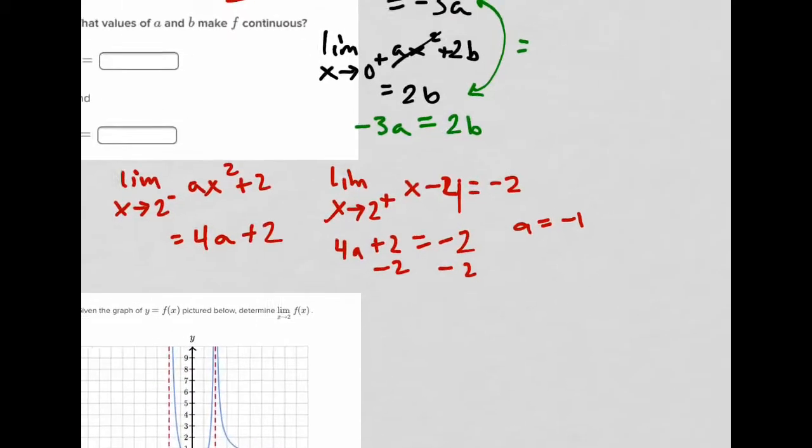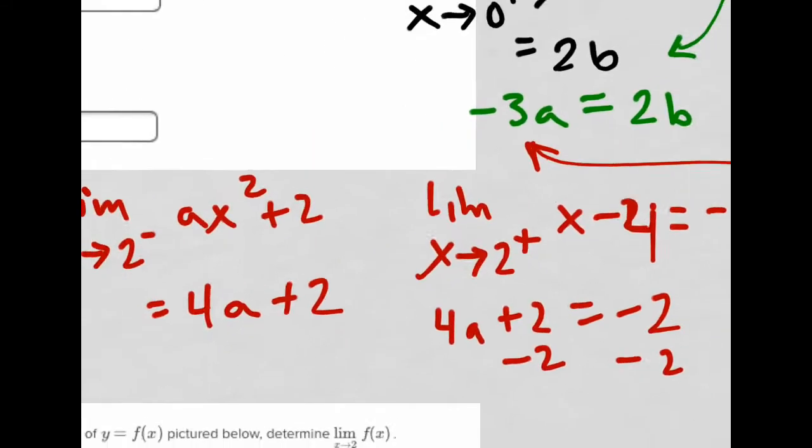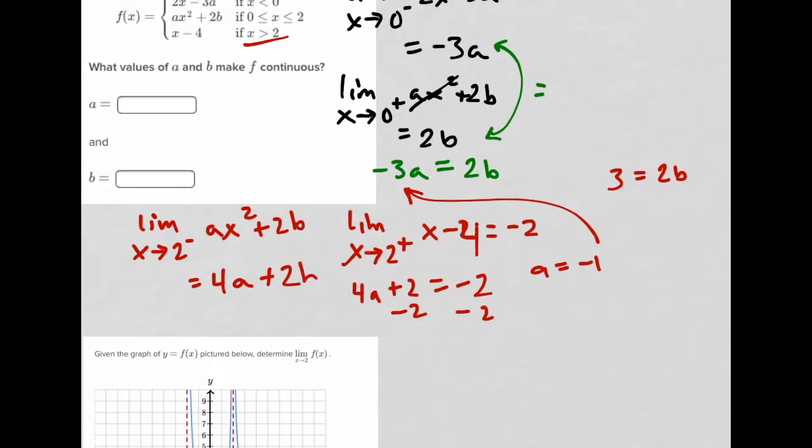And then I can plug in a here. That's pretty sweet. What do you get? You get positive 3 equals 2b. I think I did this wrong. I see my mistake. It's supposed to be 2b here. So then this would be 2b. Okay, so let's erase stuff. Sorry about that.